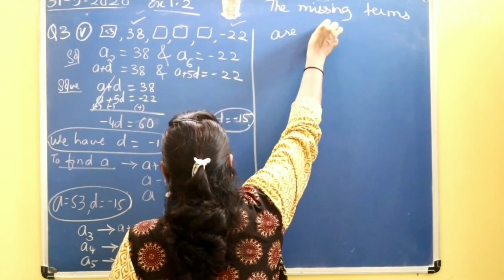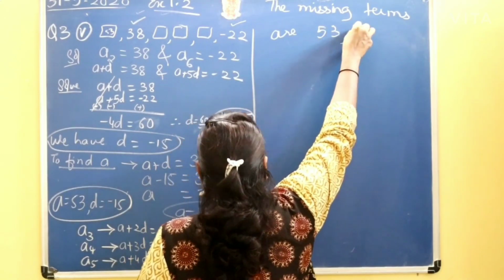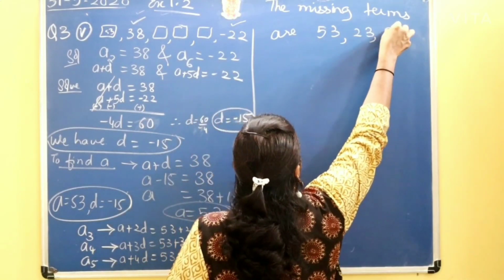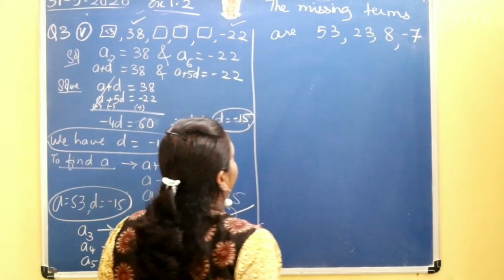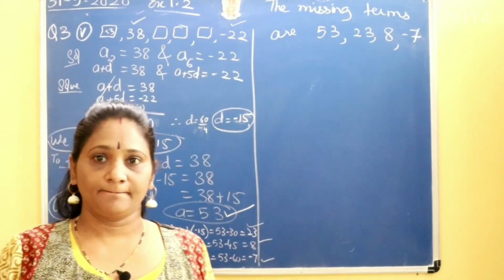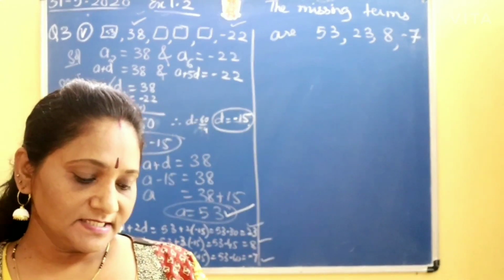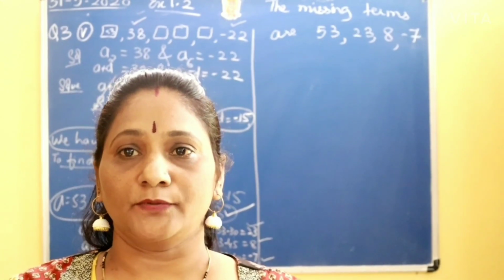Therefore the missing terms are 53, 23, 8 and -7.